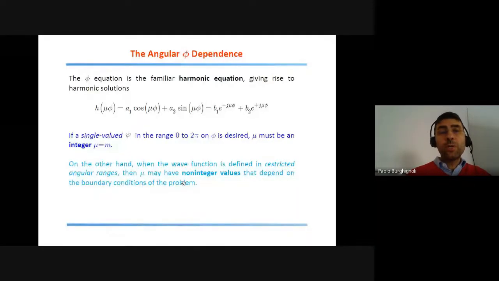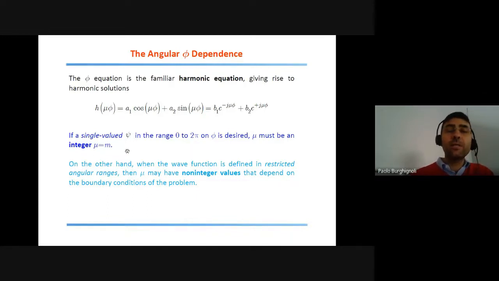So if you wish to have a single-valued wave function in the physical range from 0 to 2 pi that is covered by this spherical coordinate, then of course, as you know, this constant mu must be an integer, so we can write it as m.